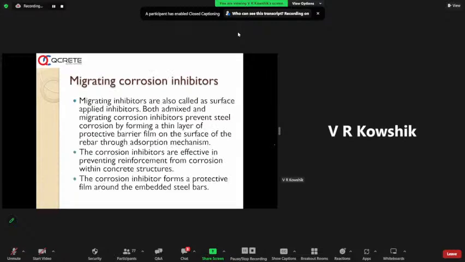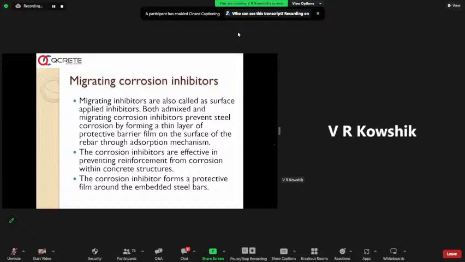And then the next shift took place where we are talking about migrating corrosion inhibitors. These admixtures can be integrally mixed or can be surface applied, and these corrosion inhibitors penetrate into the concrete and make a layer around the reinforcement bar and then protect the embedded steel bars.